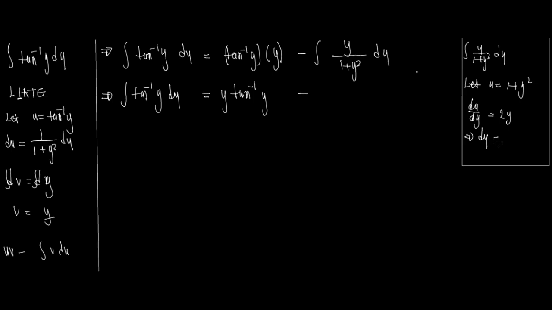So dy will be equal to du over 2y. So when we substitute the information here, we're going to have y over 1 plus y squared equal to u, and dy is equal to du over 2y. So the y with the coefficient 2 will cancel this one.